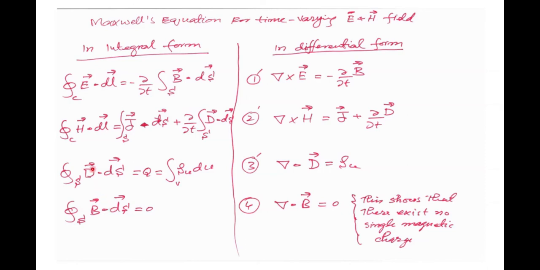Using the divergence theorem, you can write equation number 3 prime, which represents the differential form of Gauss's law for the electric field, and equation number 4, Gauss's law for the magnetic field, del dot B equal to 0. This shows that there exists no single magnetic charge in nature, so that's why del dot B is equal to 0.